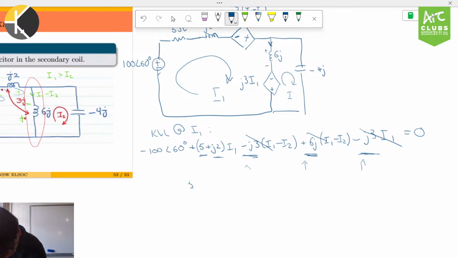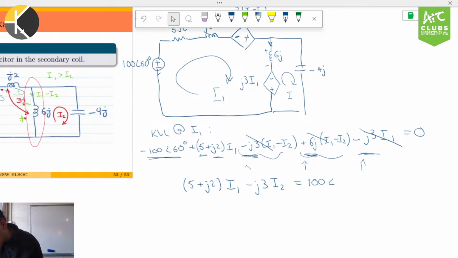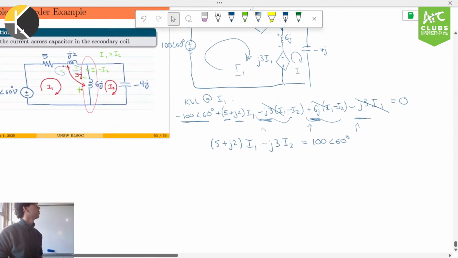And then we are left with 5 plus j2 times I1. In terms of I2, we have a positive j3 and a negative j6. So that gives us minus j3 I2, and we're going to move this voltage source over to the other side. Cool, so that's looking a bit better.